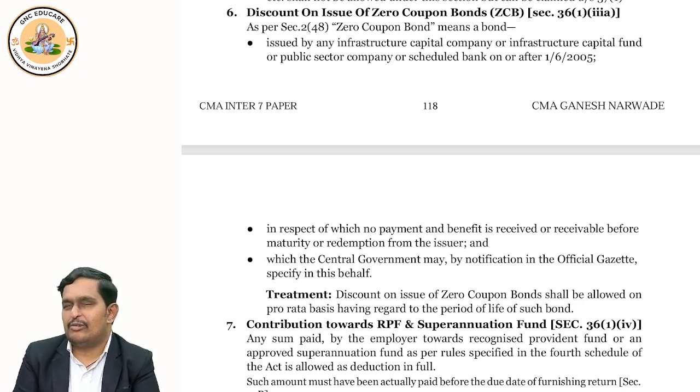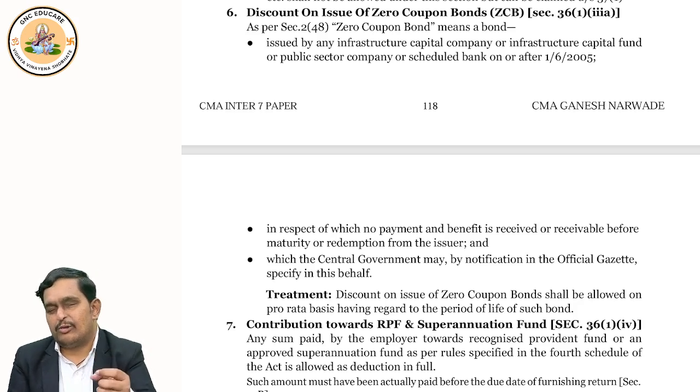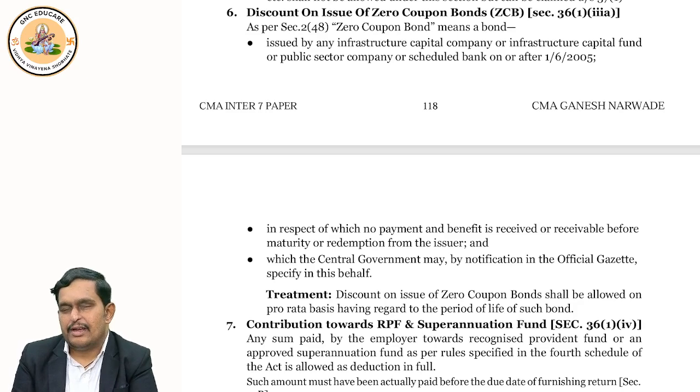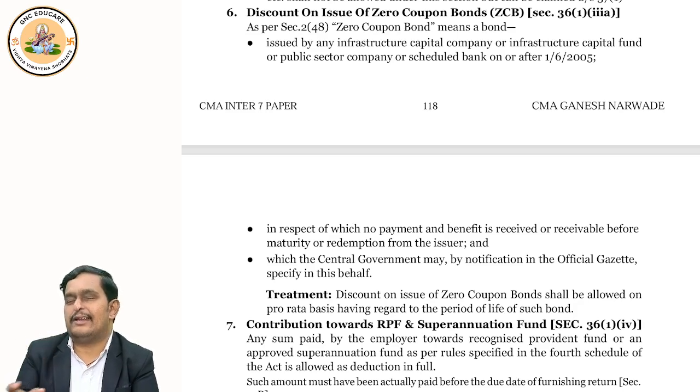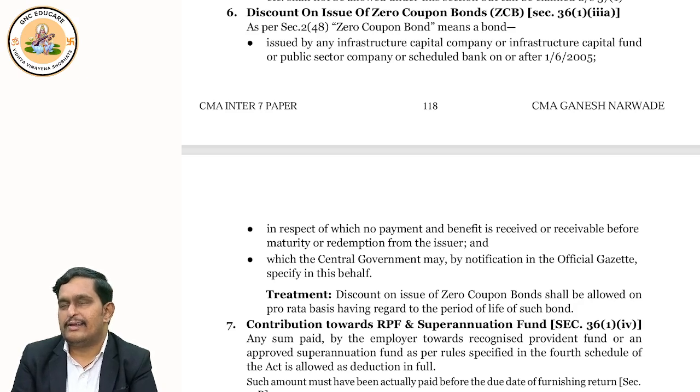This discount is interest only, correct? You purchased for a discounted price, that is 80 rupees, and you received the full price, that is 100 rupees. So this discount on zero coupon bonds is an interest income, interest income to the person who purchases.